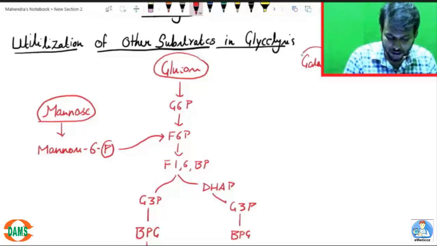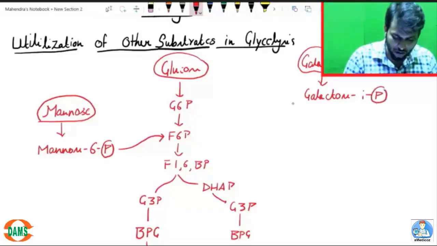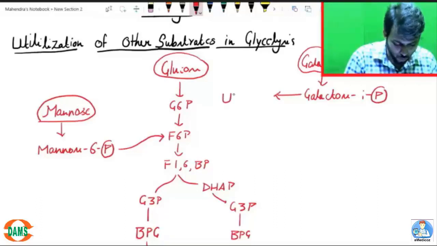Galactose is converted into galactose 1-phosphate, which, with the help of UDP, uridinyl diphosphate galactose, is converted into UDP glucose.